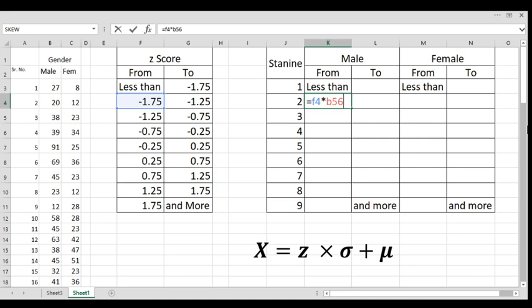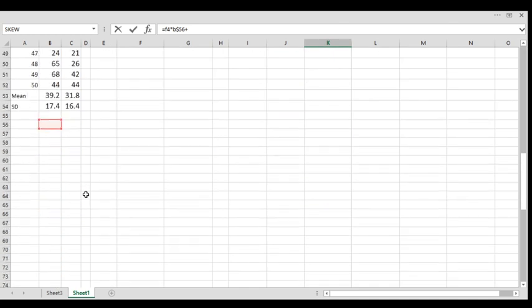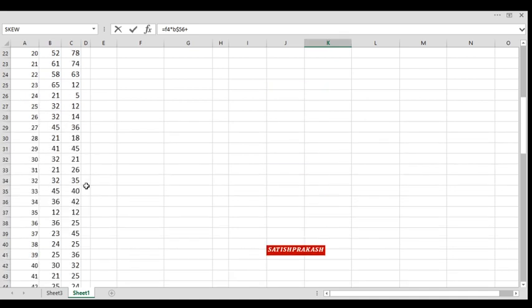and this standard deviation will be used to find the X of all these stanines. So we have to freeze this address. So we write here $ sign B54. Then we have to add mu. For addition we put the plus sign, and mu is found in B53.